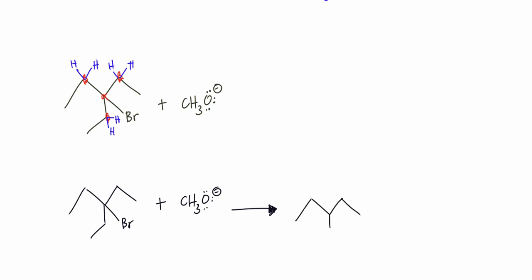There's only one alpha carbon, and we have a beta carbon right here, so we draw a double bond in between that. Another product we can have: drop the Br, and we can have a double bond between that alpha carbon and this beta, or we could have one more.